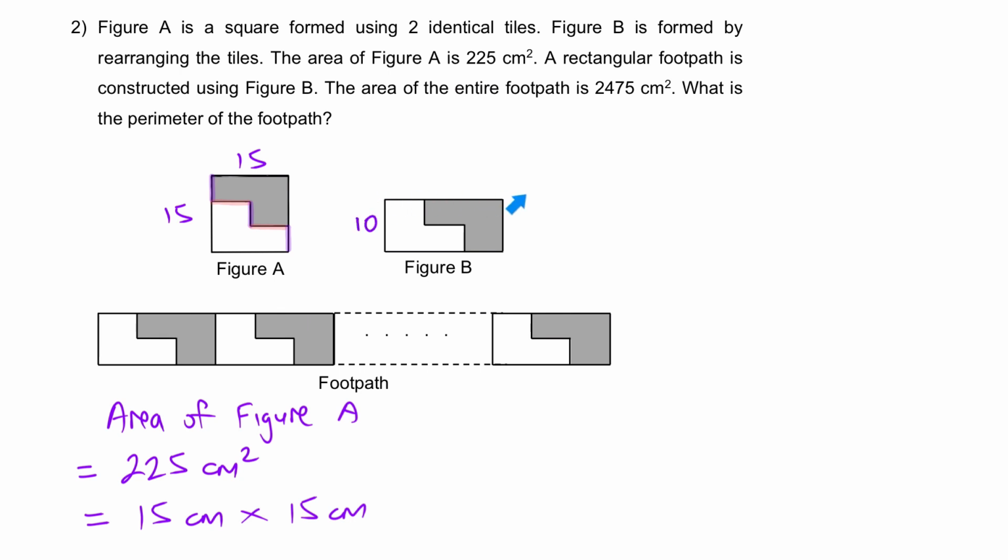What about the length? The length is actually the entire 15, which is here, 15. And what about here? Since these two are the same, we can say that this is 7.5, 7.5. This is 7.5, this is 15.